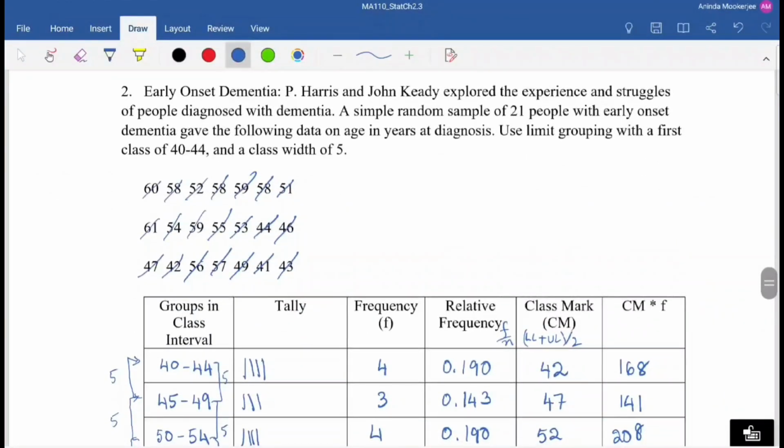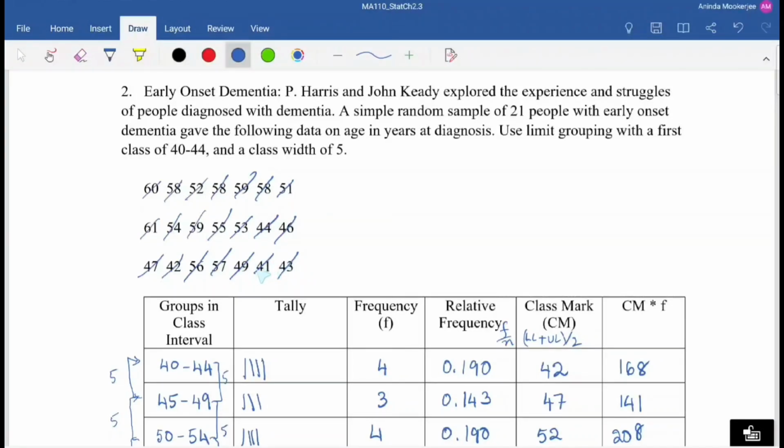Now, since we are dealing with two-digit values here, the digit on the left is going to be the stem, and the one on the right is going to be our leaf, right? And first thing that we must do is create the stem digits, list our stem digits in ascending order from the lowest to the highest.